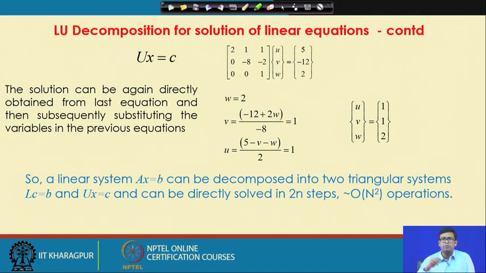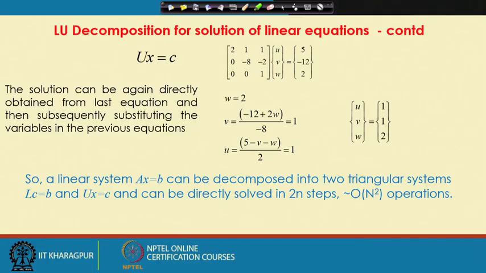We have seen in Gauss elimination that the total number of operations was n cube, and if we do an LU decomposition, the operations are n square, provided I already have the LU matrices. If I try to get the LU matrices through Gauss elimination, I will again need n cube operations, because just to do the forward substitution I need n cube operations.